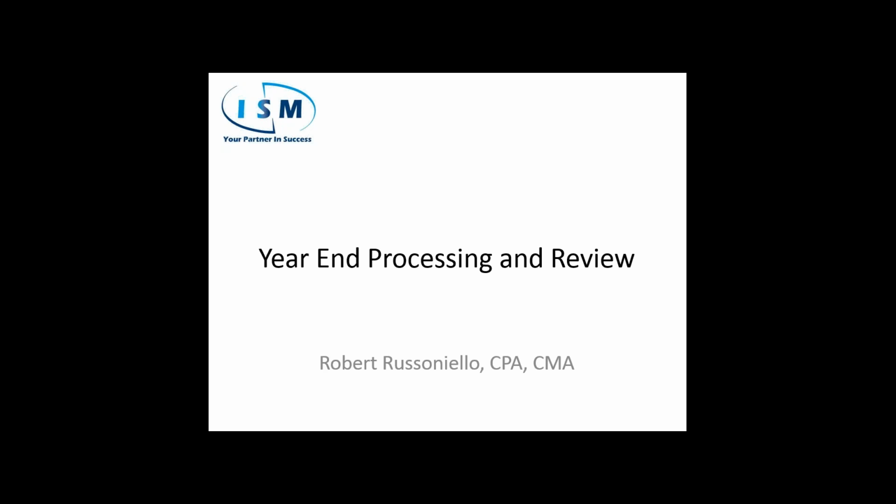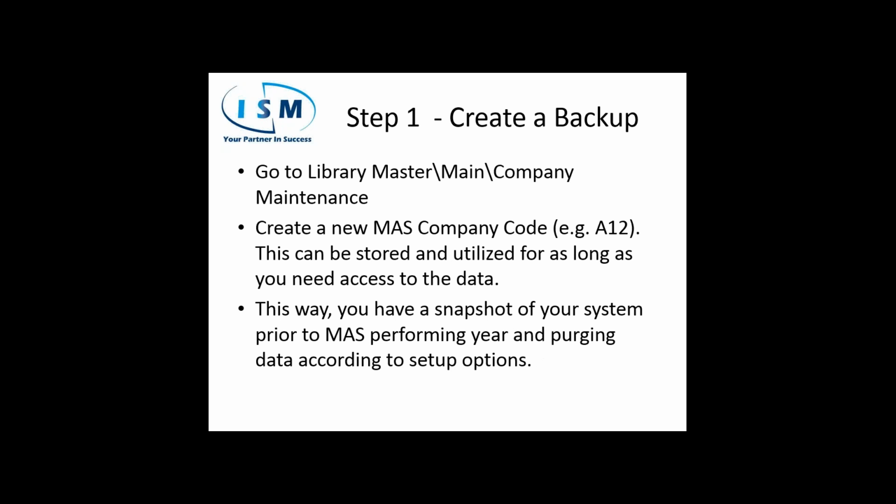So what we normally do for end of the year processing, although this can be done at any time during the year, is clean the system. For payroll, you have to back up your company because the payroll files get cleared at the end of the year when you run period end, as well as anytime you're running period end processing in your system, Mass will purge data.